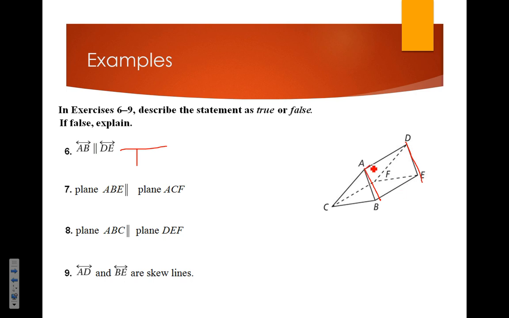So here is plane ABE, this plane right here. And then I've got plane ACF. And you can see that they intersect in AD, so those are definitely not parallel planes. So that's going to be a big false.